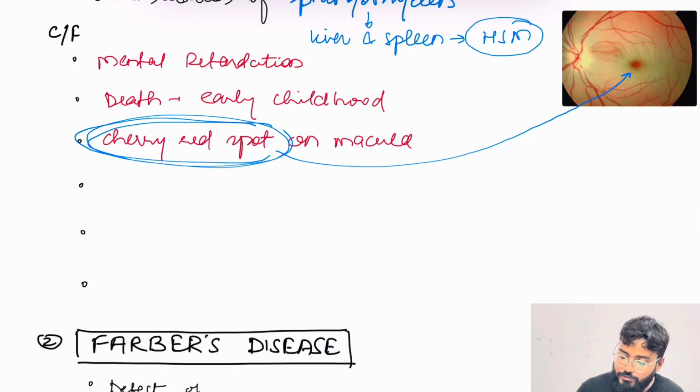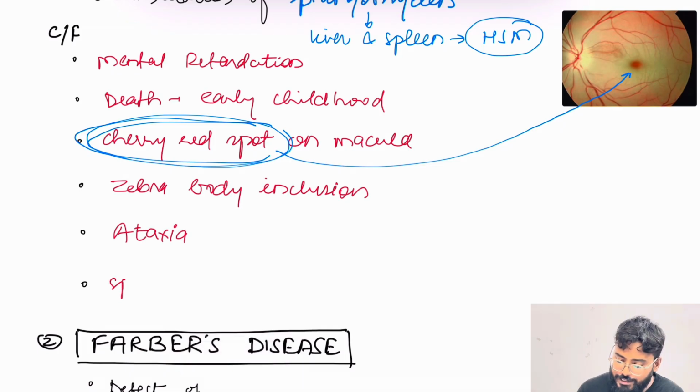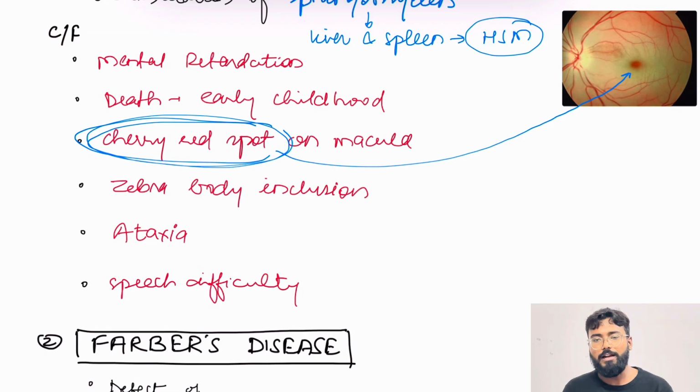The next feature that you are going to see is zebra body inclusion. You are going to see ataxia and speech difficulty. Ataxia means a lack of voluntary coordination while doing movement.